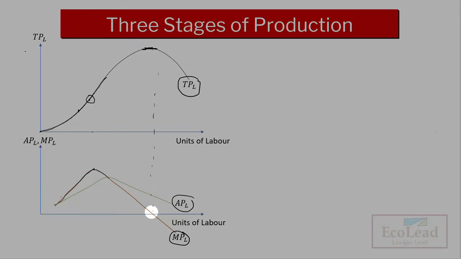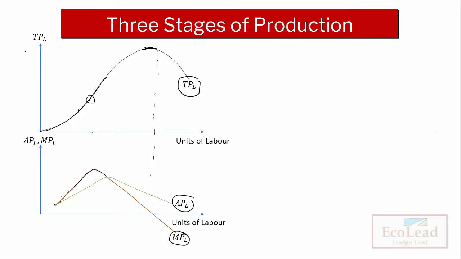Why is it 0? Because there is no change in the total product. No change in the total product means the total product has become saturated. So this is all about the total product and its relationship with the marginal product.